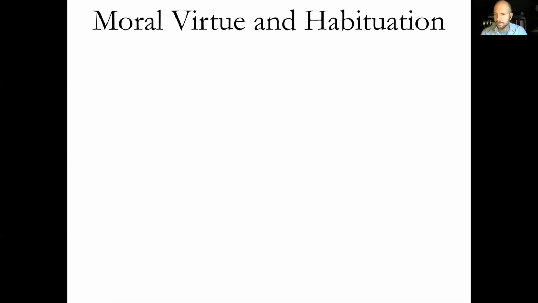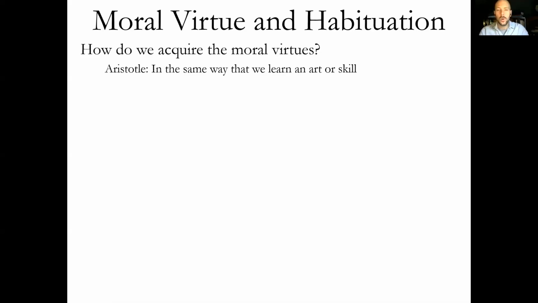So first, how are the moral virtues acquired? Aristotle gives a fairly straightforward answer to this. He says, well, we acquire the moral virtues in the same way that we would acquire an art or a skill, in the same way that we learn those. And by art or skill, what he has in mind would be a variety of things.